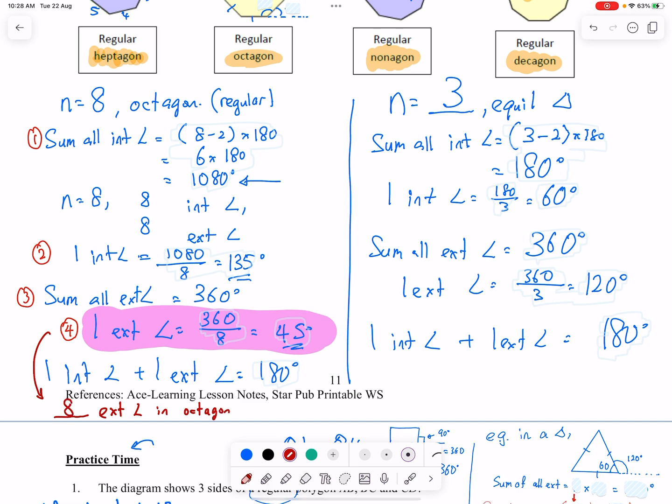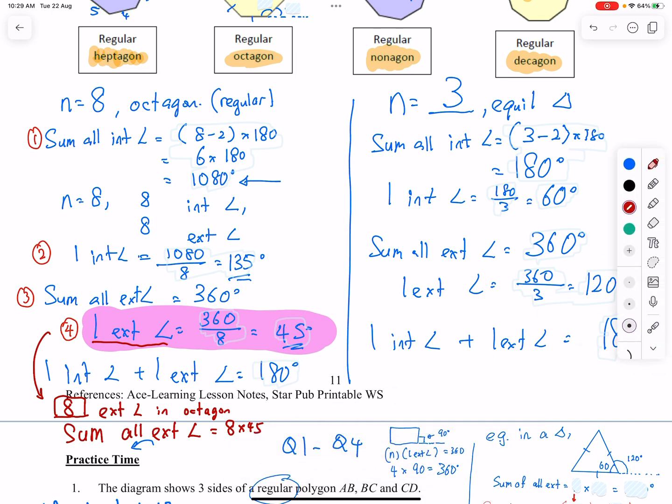Do you see it's 8? So if one exterior angle is 45, the sum of all exterior angles will be 8 multiplied by 45, and checking your calculator, you should get 360.